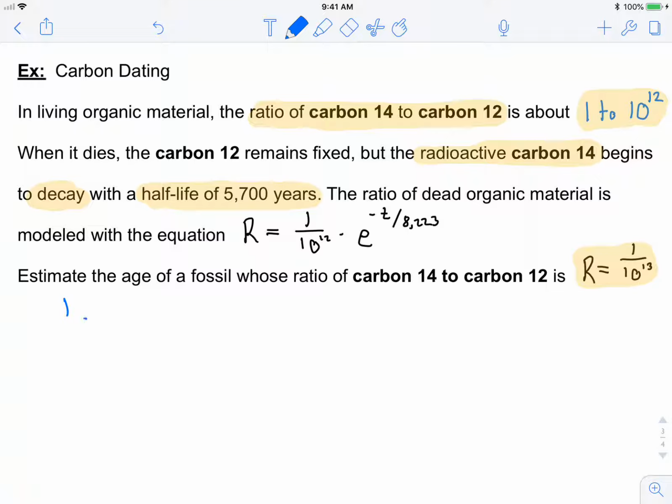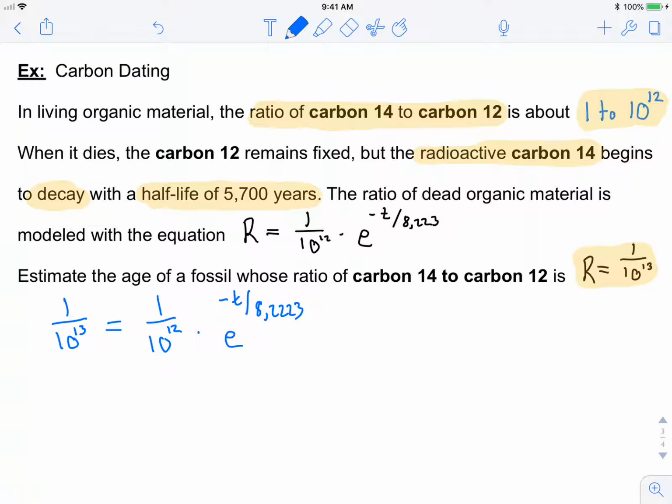So our ratio is 1 over 10 to the 13th. And this ratio is equal to 1 over 10 to the 12th times e to the negative t divided by 8,223. And in order to solve this, all we need to do is start moving things to the other side, add in a logarithm, and solve for t.